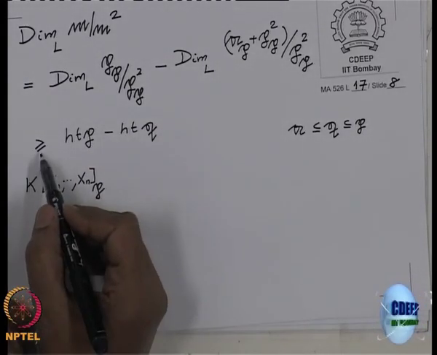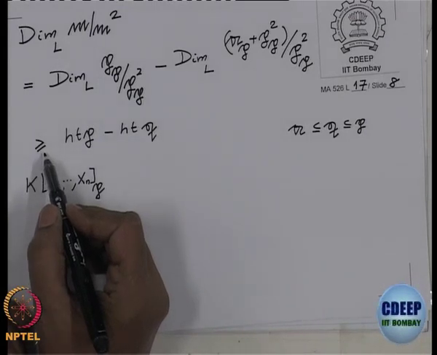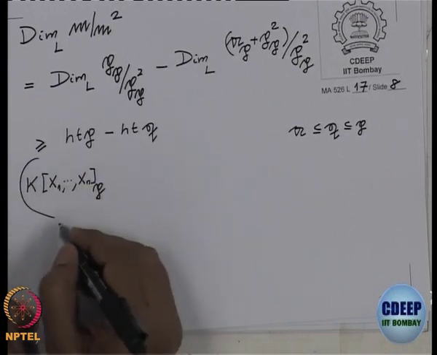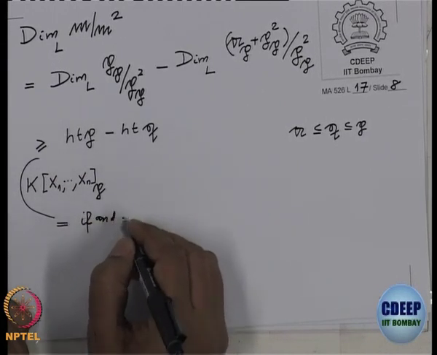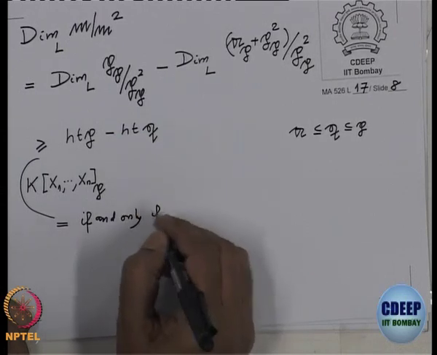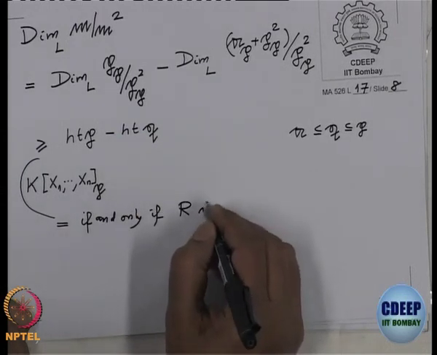And when will equality happen here? Precisely, equality will happen here if and only if R is regular.